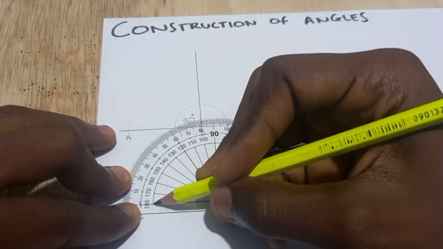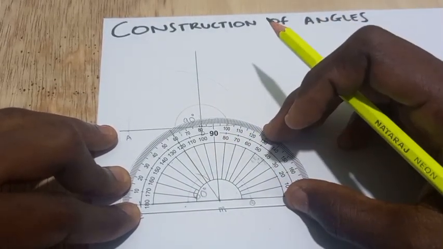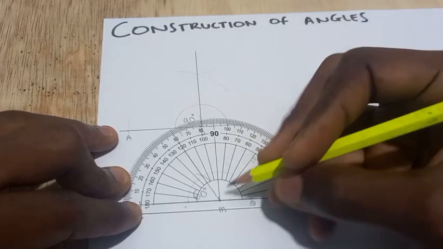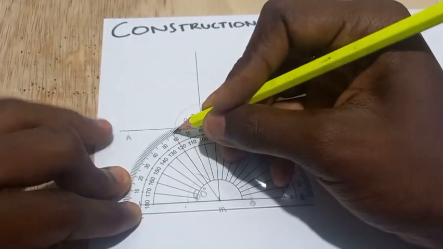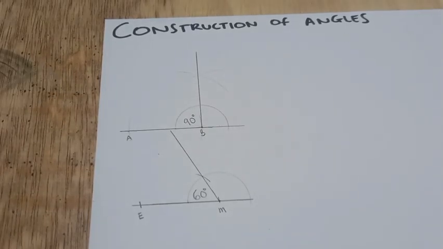Make sure this edge touches the line, same as this end. And the midpoint over here, you see you have exactly 60. So this is the accurate way of drawing angles.